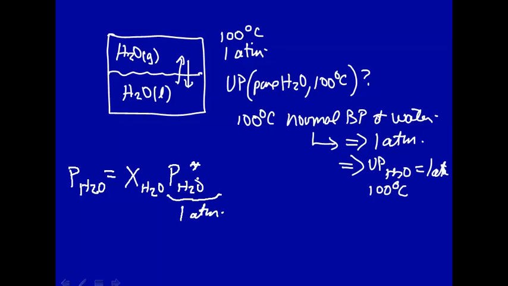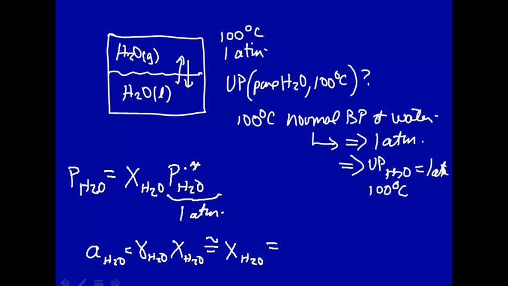That's the vapor pressure of pure water at 100 degrees, which boils under 1 atmosphere. We also know that the activity of water will be the activity coefficient of water times the mole fraction of water. And since we're saying the activity coefficient is equal to 1, that'd just be the mole fraction of water.